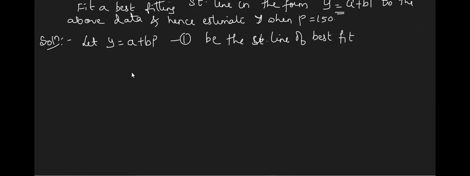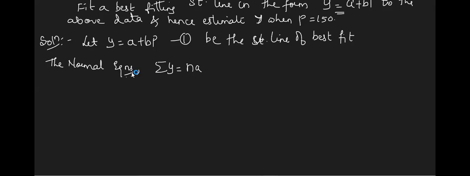After this, what has to be written? Normal equations. Tell me the correct normal equations for this. Put a summation. Summation y equal to, what will you get for A? N into A plus summation of P into B. See, they have changed the variable from A to B here, so you also have to write it correctly.